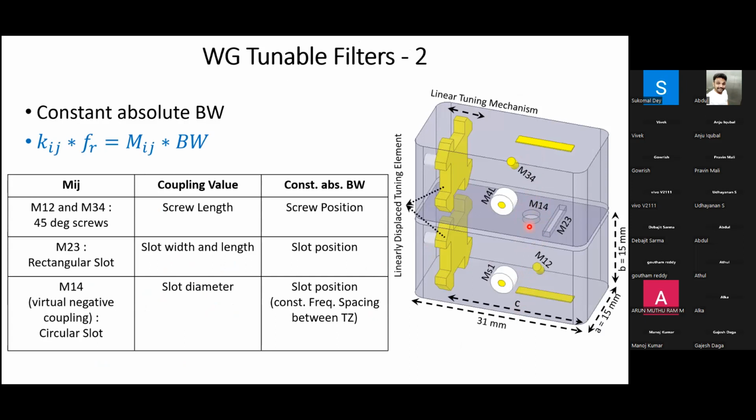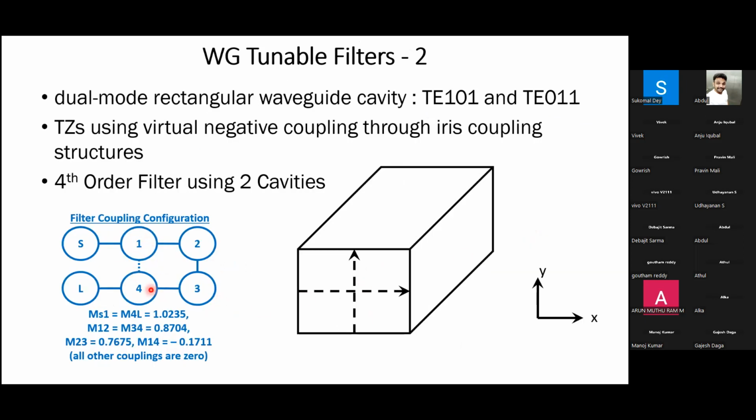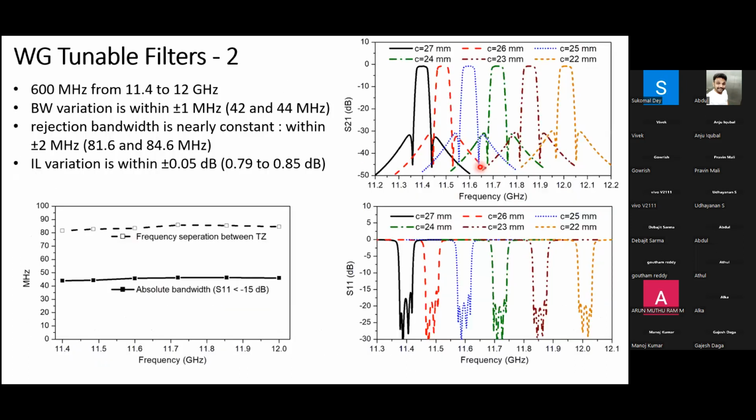So that is creating this virtual negative coupling between resonator 1 and resonator 4, and that gives us the transmission zero. So if you see the transmission zeros, 2 symmetric transmission zeros will be obtained from that. Yes, sir. Okay, sir, it's clear, sir. Thank you.